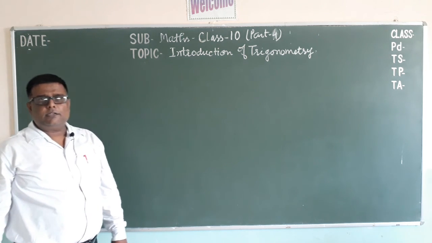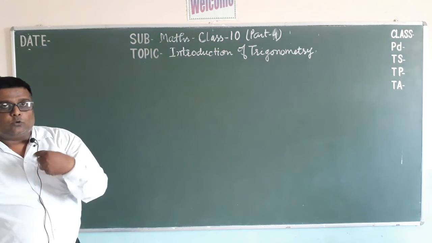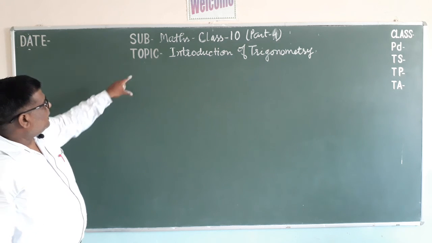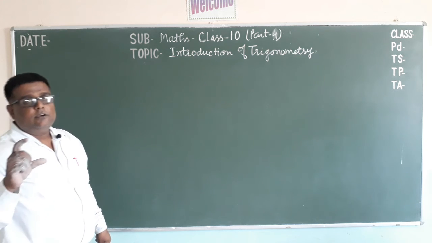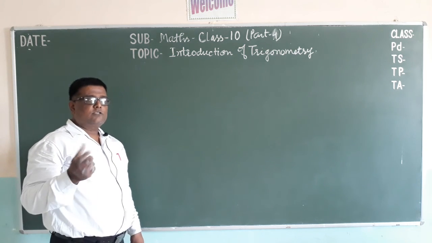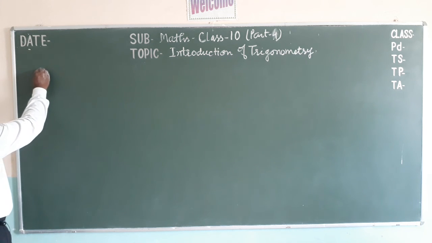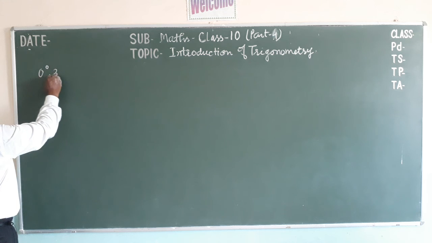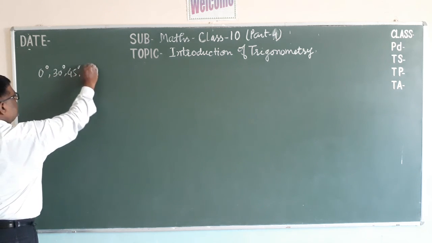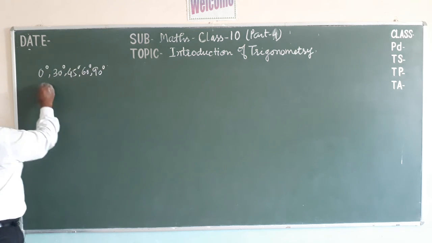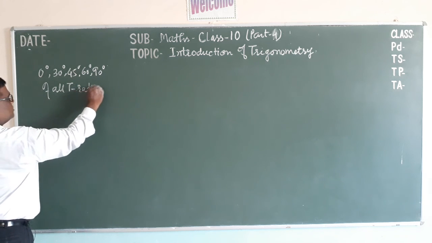In part 2 and part 3 we derive all the values, but today we write a very easy method to find the values of the trigonometric ratios of 0 degree, 30 degree, 45 degree, 60 degree and 90 degrees.